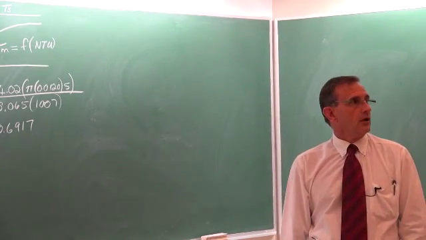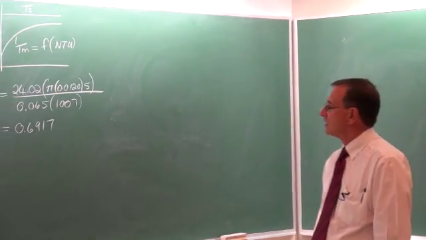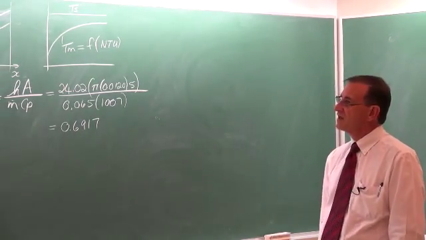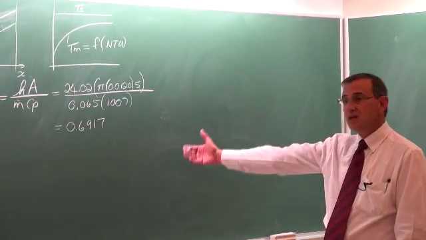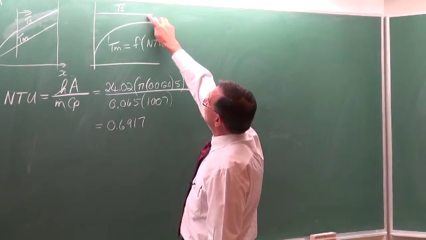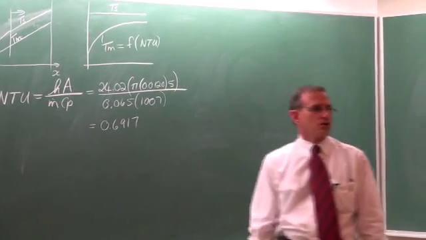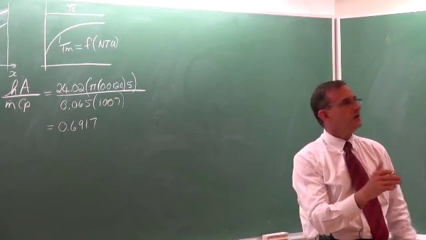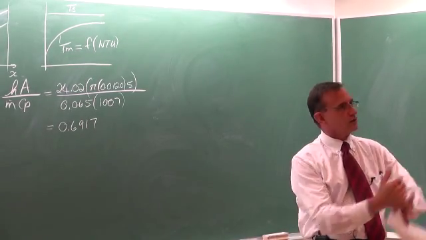Okay. 0.6917. What does it mean? It means that this temperature is not even going to get close to that surface temperature. If it is about 5, then the temperatures would be very close.